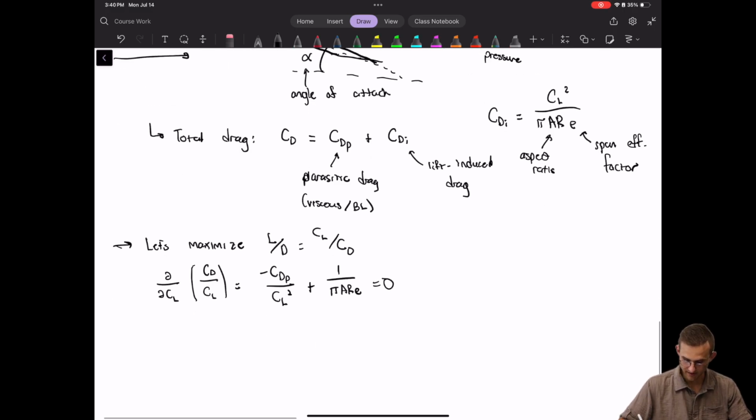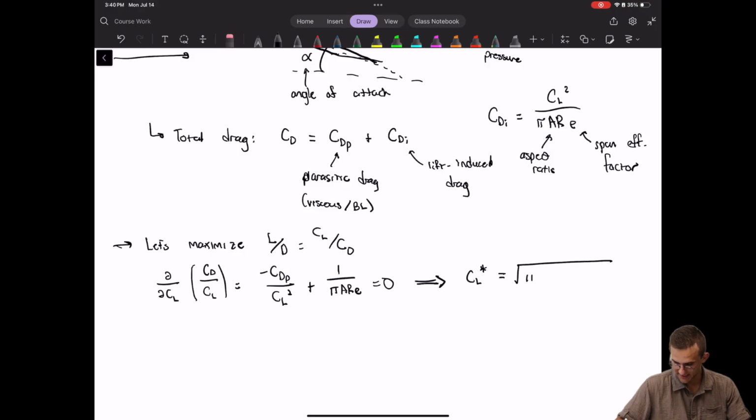And if we solve for CL, an optimal coefficient of lift to maximize this ratio, what you end up with is CL star, as we'll denote it, equal to the square root of pi times the aspect ratio times E times the CdP, which you can then use to calculate CL over CD max as 1/2 square root of pi AR E over CdP.